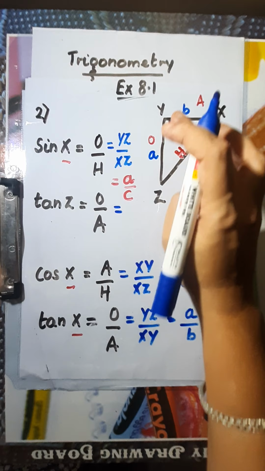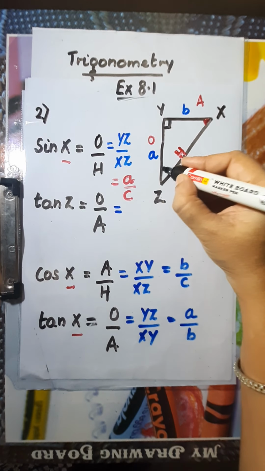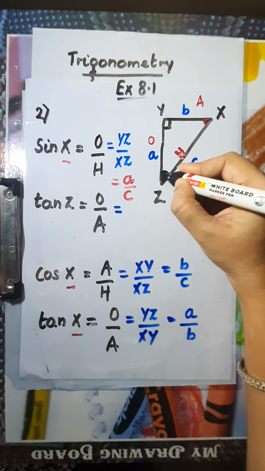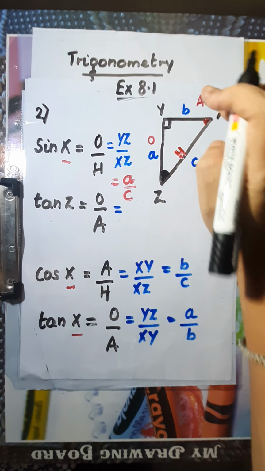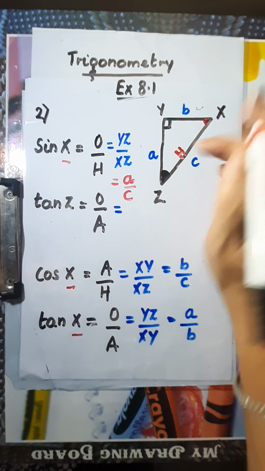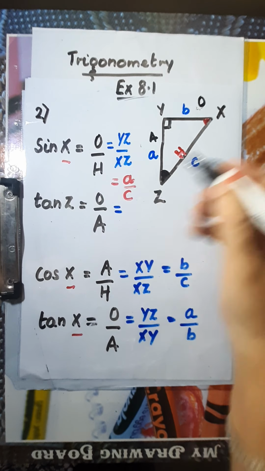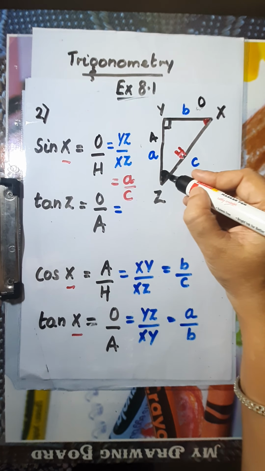Now, I have forgotten my Z. You say, teacher, what about Z? Now, look at my Z. Color this side. My hypotenuse does not change. Hypotenuse remains the same, but adjacent and opposite change. So for this angle, this becomes opposite and this becomes adjacent. I want opposite upon adjacent. What is opposite for this?